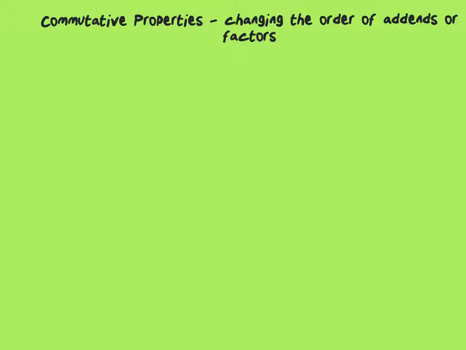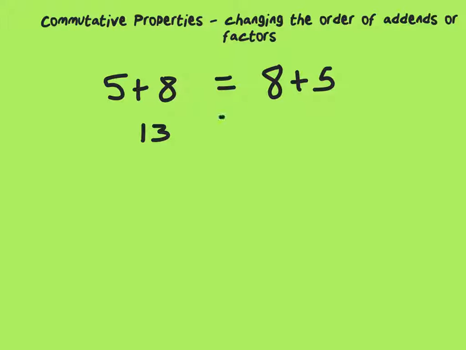Add-ins is addition. You have 5 plus 8, which is going to be equal to 13. But by the commutative property, it doesn't matter if you switch the order of those add-ins. 5 plus 8 is 13, and 8 plus 5 is also 13.